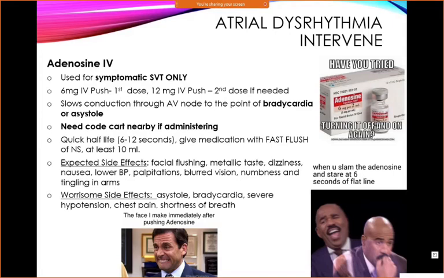The only purpose for adenosine is to slow the heart rate down enough that we can figure out what's going on underneath it. And that's usually what they'll do in the ED or the ICU, and then they call it RVR. They say, oh, it was AFib with RVR, because they gave it adenosine, slowed down the heart rate, could see it was AFib, and then start treating the AFib. Adenosine's a one-time, two-time use.